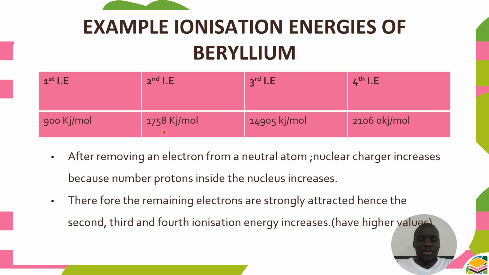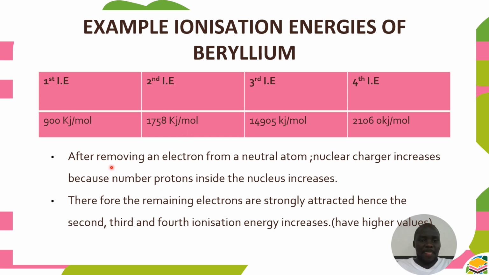As we go inside removing the electrons, the values are increasing. Why are the values increasing? As we have removed the first one, the nuclear charge gets much stronger and the remaining electrons are strongly attracted, which will require more energy to remove the electrons.